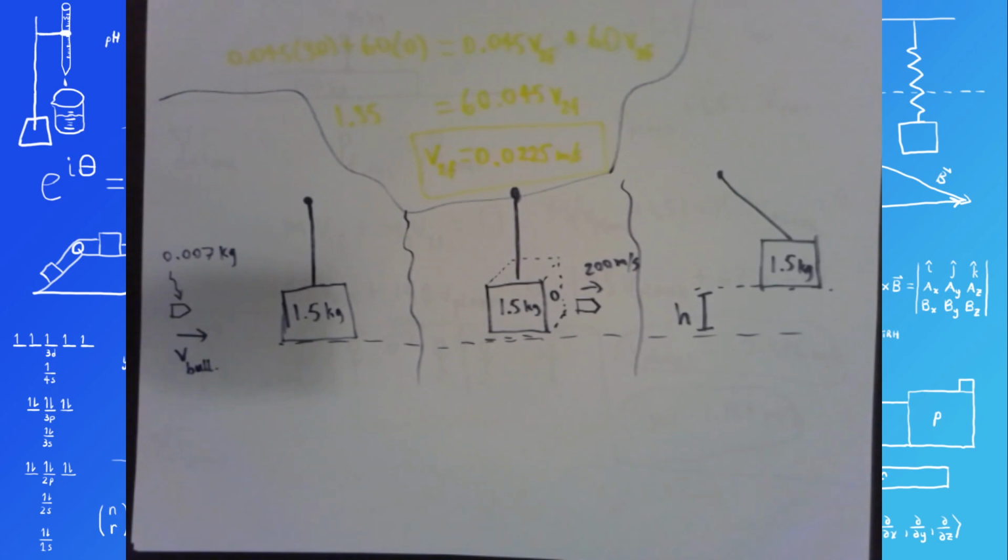Okay, so let's go ahead and see what numbers they gave us apart from the 200 meters per second. The bullet was 0.007 grams. Oh, wait a minute, I was looking at the wrong problem.